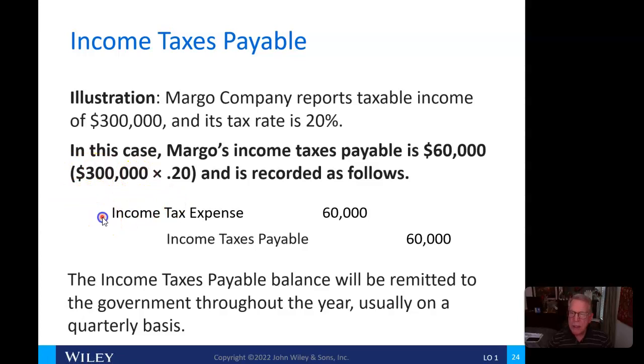We'll debit income tax expense on the income statement, but we have not yet paid it in cash, so we will create a liability, income taxes payable, for $60,000. The income taxes payable balance will be remitted to the government throughout the year, usually on a quarterly basis, unless you're a large company, and then sometimes they'll require us to do it monthly.